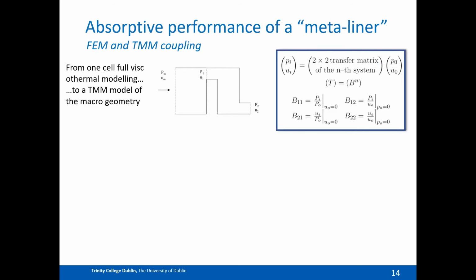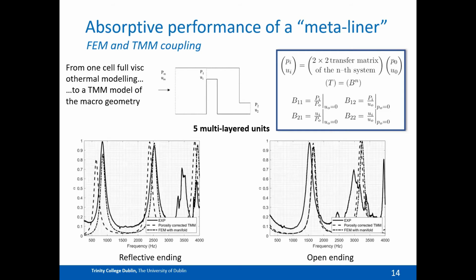You can use simple modeling on one step and then propagate that using the transfer matrix method. That's what was done here. Two simulations were carried out to obtain the necessary pressure and velocity variables to be used in the transfer matrix. Results were obtained for 5 multi-layered units, and the experimental measurements are compared with results with and without a manifold.